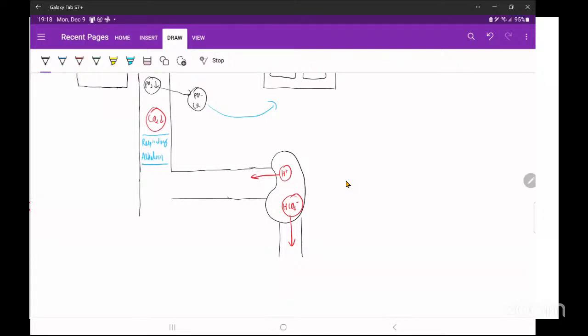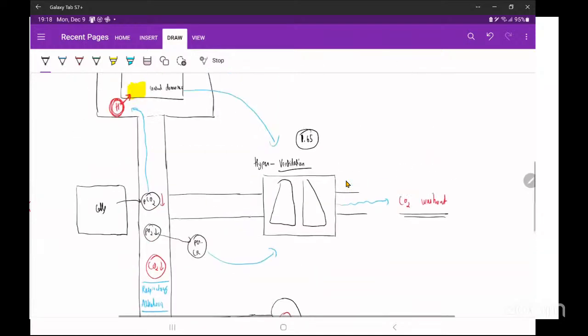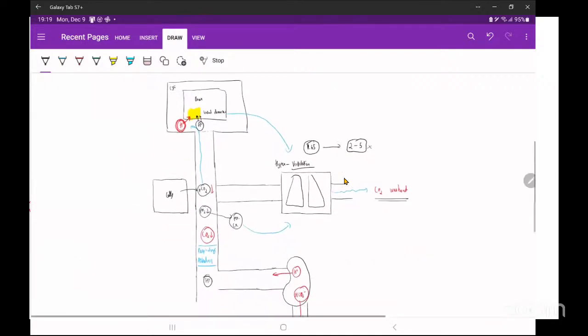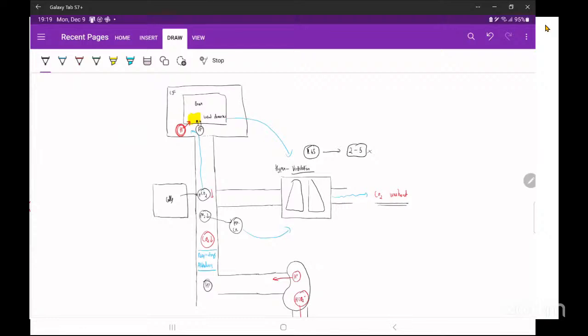As a result, the H plus will be high enough and it will not drop. And that can continue to stimulate your central chemoreceptors. Thus, after a few days, it is going to increase to 2 to 3 or 2 to 5 times. Different textbooks give different values. So this is one thing students find difficult to answer when asked.